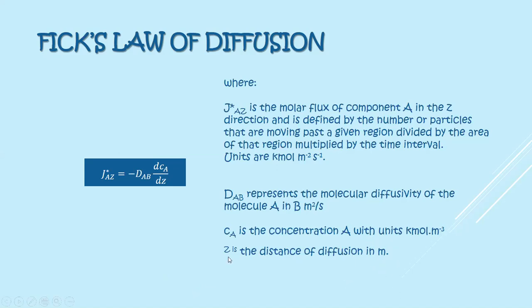So that's your Z, the distance of diffusion of component A. So this is our Fick's law of diffusion, and this is the main equation on which the rest of the different modes of diffusion are based.